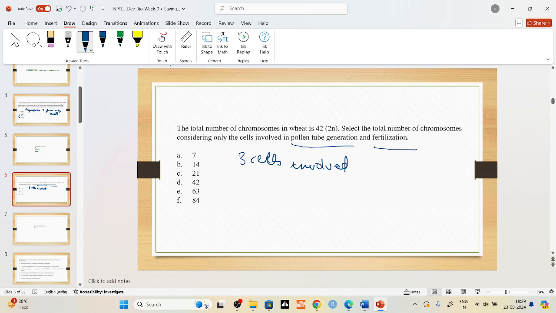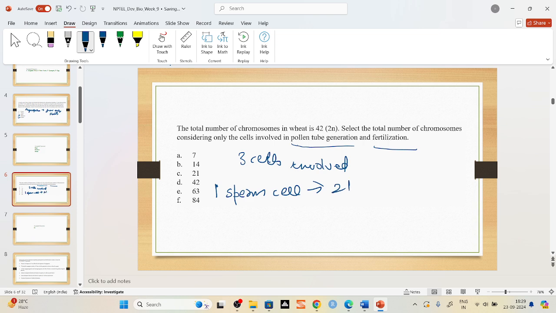It contributes 21 chromosomes. So you have one sperm cell. It contributes 21 chromosomes.